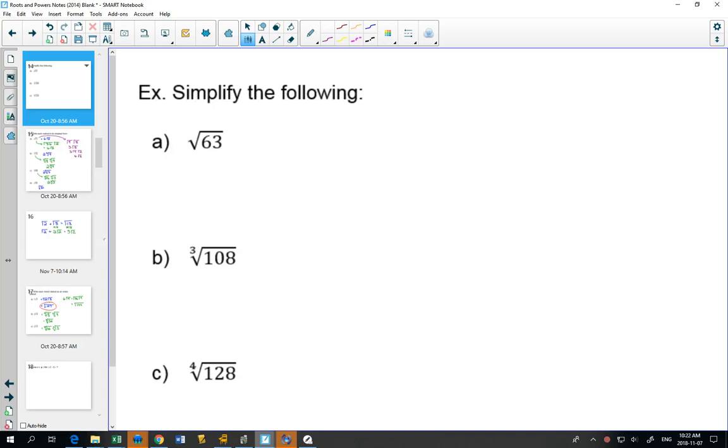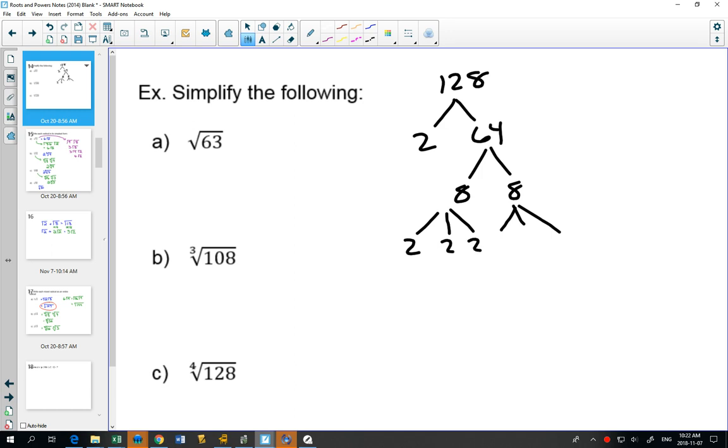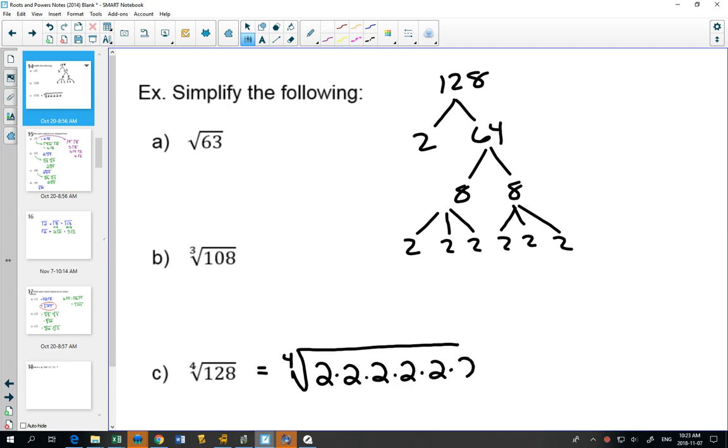So if we take a look at 128, it's 2 times 64 which is 8 times 8, which maybe you cheat a little bit in your prime factorization and do something like that. So 128 is the same as 2 times 2 times 2 times 2 times 2 times 2 times 2, which means I could write this as 2 times 2 times 2 times 2 times 2 times 2 times 2.